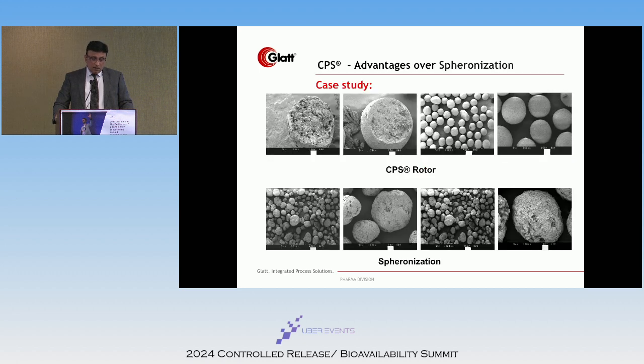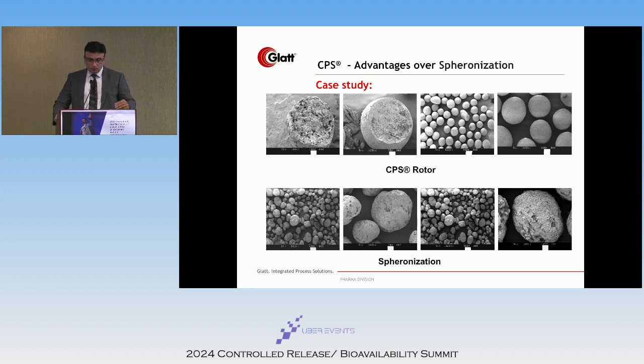This case study, I purposely wanted to show you. We had some of our clients who came over to us. They were using an extrusion process and spheronization process, and they had a coating on the top. The dissolution was not really doing very well because there was some variation.